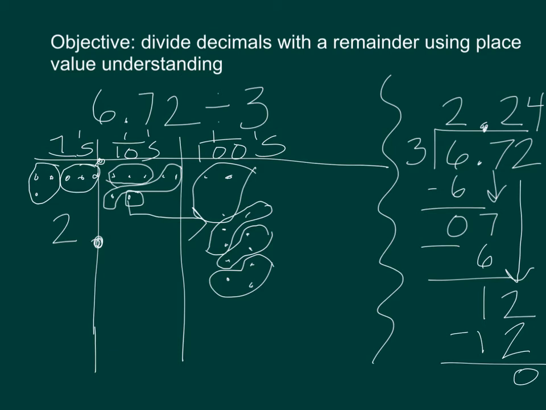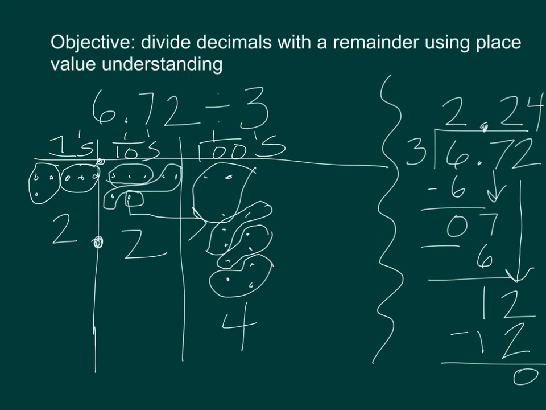So on my place value chart, if we look here, I had 2 groups of 3 that I made in the ones column. I made 2 groups of 3 in the tenths column, with the one that was left over, which I unbundled over to the hundredths, and then I was able to make 1, 2, 3, 4 groups.